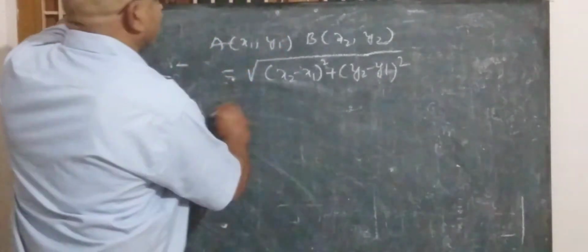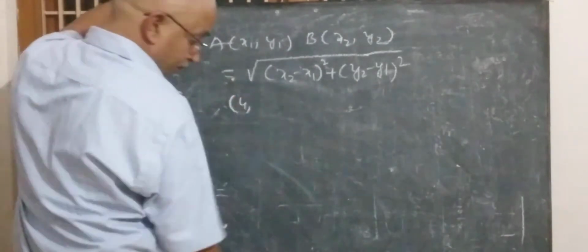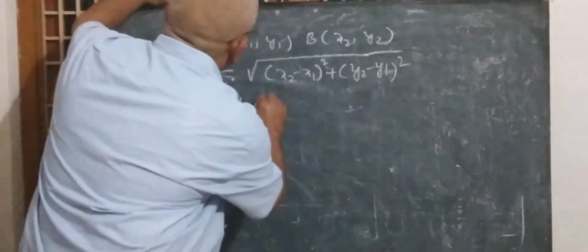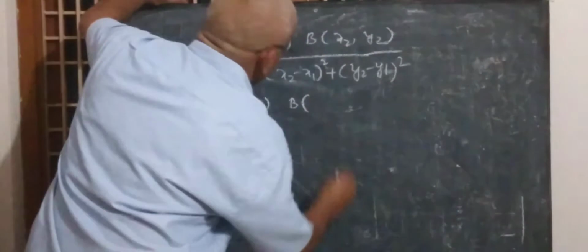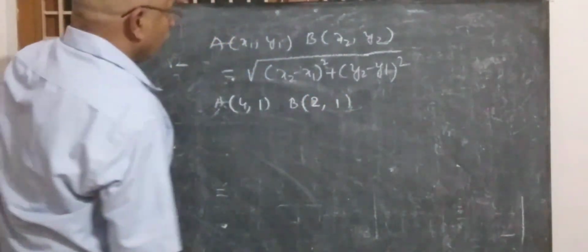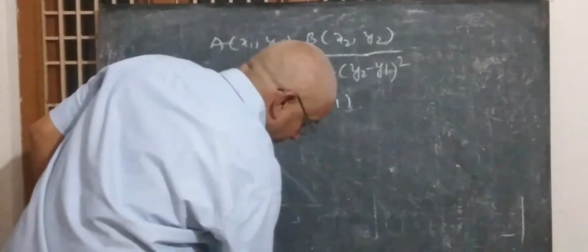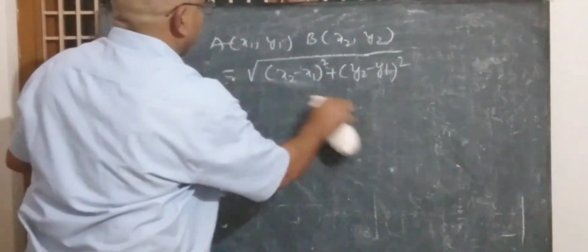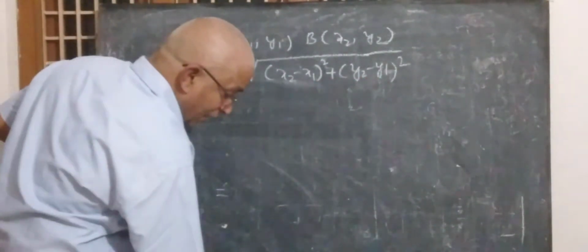Our problem, what is that here? See, once again we observe in the problem root over x2 minus x1 whole square plus y2 minus y1 whole square.